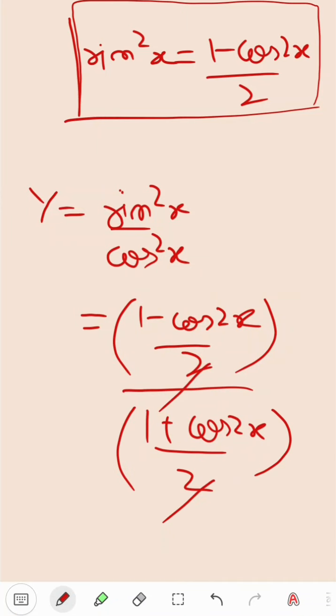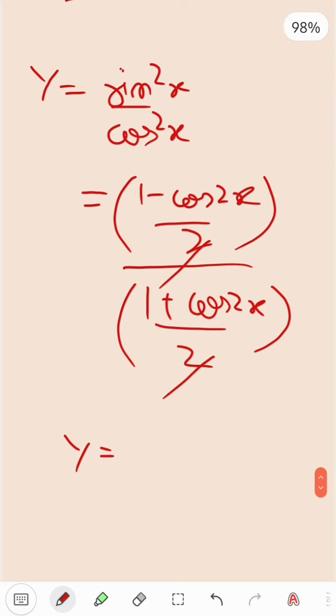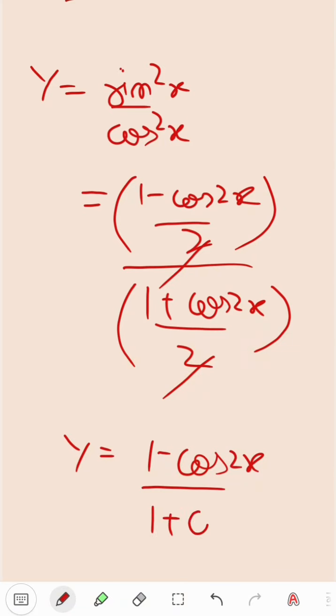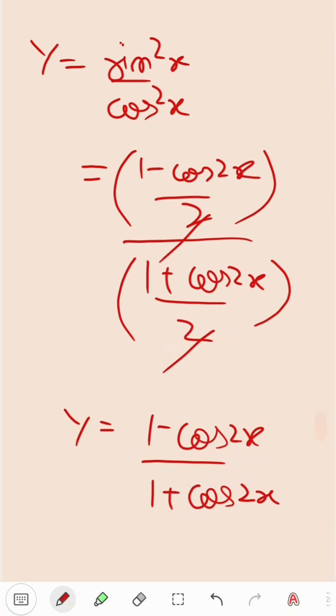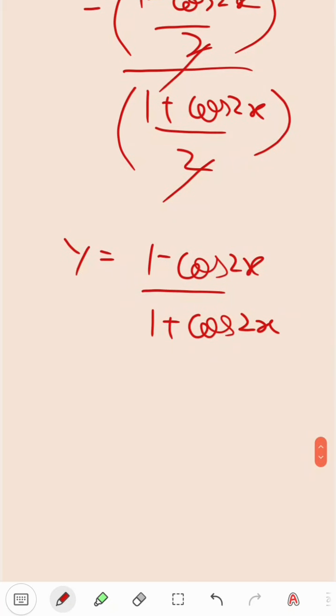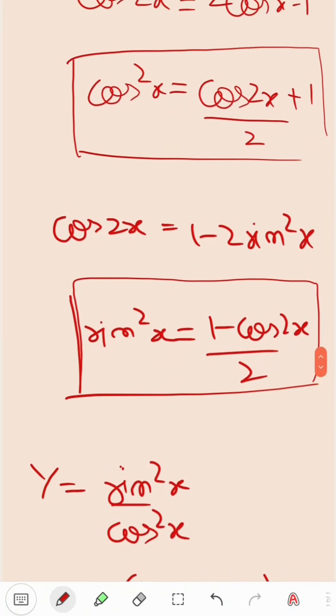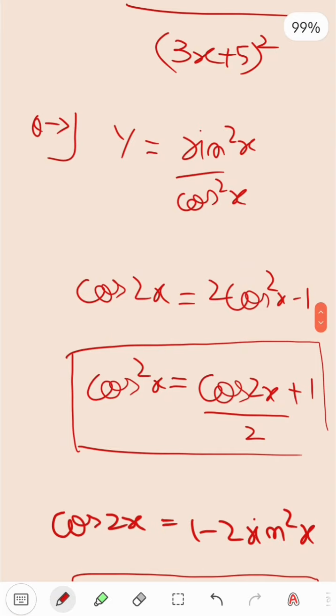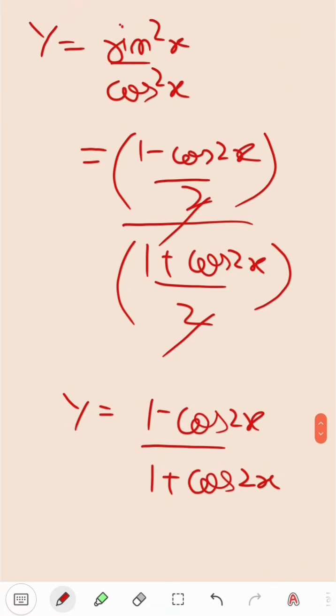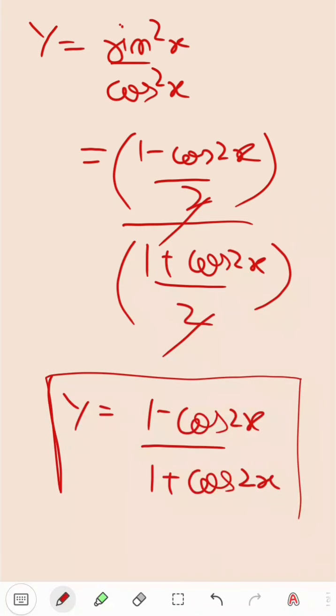Now 2 and 2 will get cancelled and we will get y equal to (1 minus cos 2x) upon (1 plus cos 2x). Now we can't find the derivative of this function because again the chain rule will be used. So just let this question go and we will find this by the chain rule, because here cos 2x is there, not cos x, so we need the chain rule to find its derivative. So let's skip this question here.